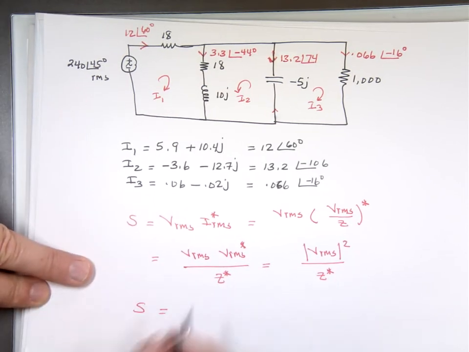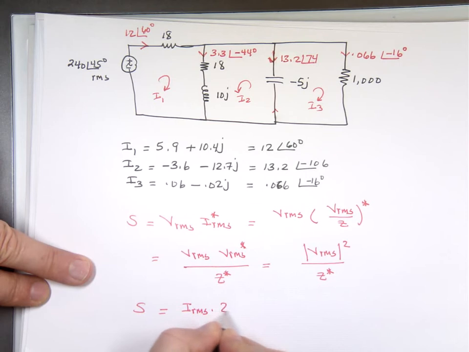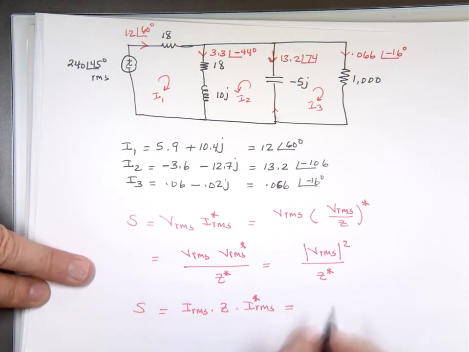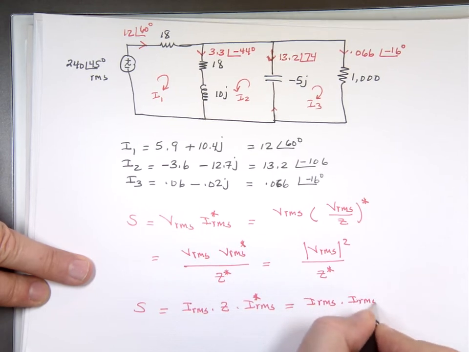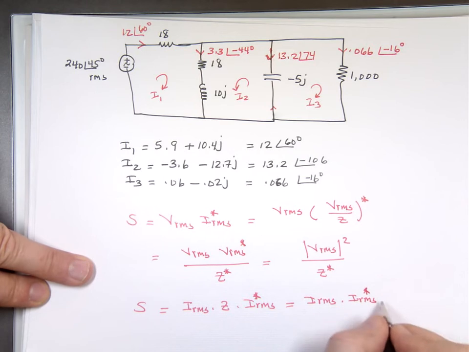Again, V is I RMS times Z times I RMS conjugate. So you can get the complex power, which is I RMS times I RMS conjugate times Z.